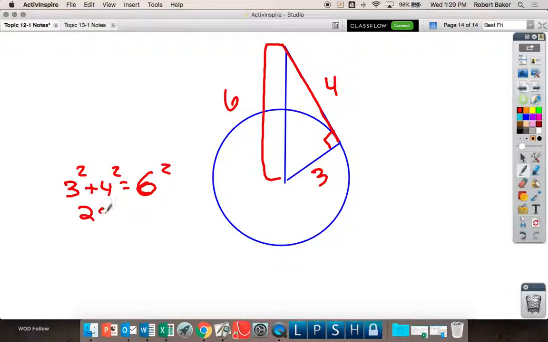Does a squared plus b squared equal c squared? No. So this is not a tangent line. Doesn't work. So there's a portion on your homework assignment that says, is it a tangent? Does it make a right triangle? So you're trying a squared plus b squared equals c squared to see if it works.